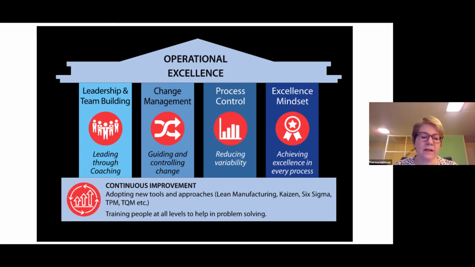Leadership and team building: the way that we lead the people in our organizations is very important to achieving operational excellence. Do we have change management systems in place so that when we do make improvements, those improvements are sustainable, and we have a way of helping everyone move to the new way of doing things?